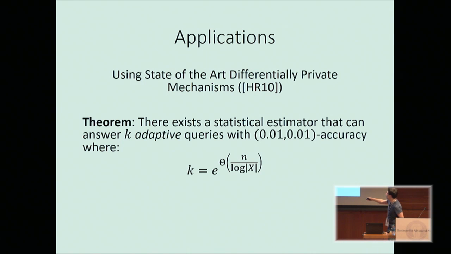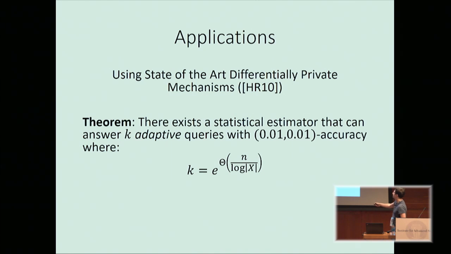Let me just explain this log x term, because the previous bounds didn't have it. Here we're paying a little bit for the log of the cardinality of the data domain. You should think about this as the dimension of the data, right? If I have d attributes, then if I appropriately discretize them, the number of possible data points will be exponential in d, and the log of that will be linear in d.